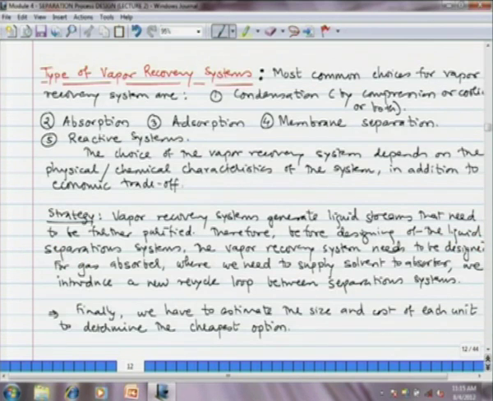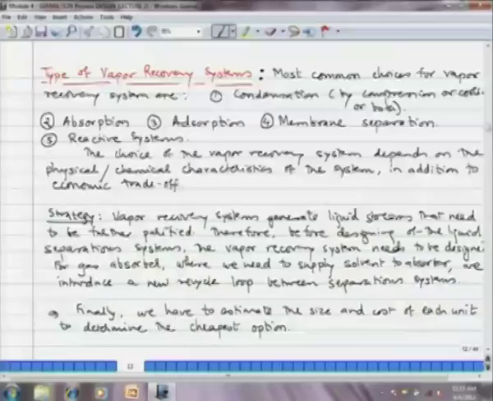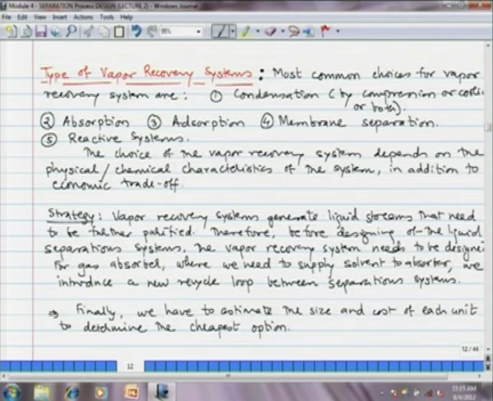After we decide the location of the vapor recovery system, we have to decide what kind of vapor recovery system we are going to use. The most common choices for vapor recovery system are: first, condensation by compression or cooling or both; then second is absorption, third is adsorption, fourth is membrane separation, and fifth is reactive systems.